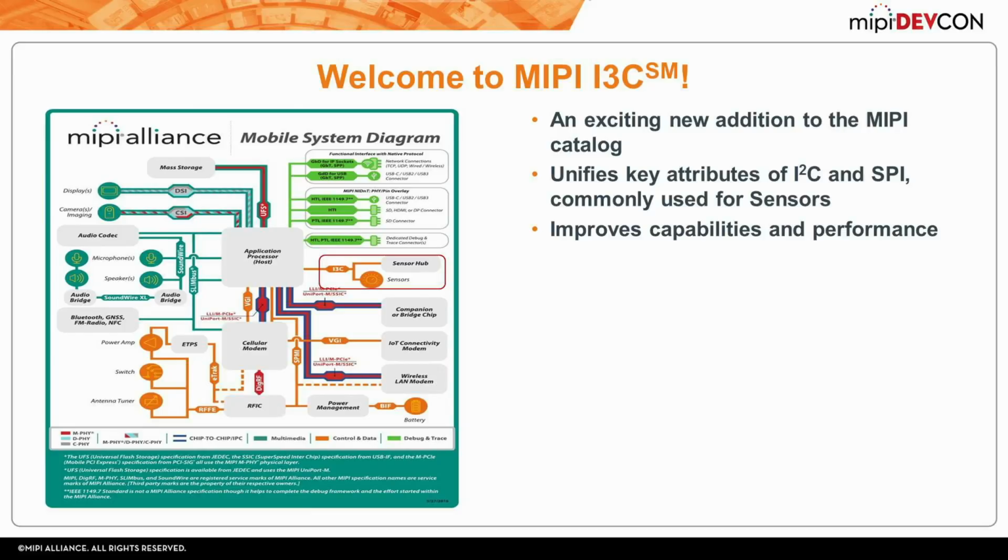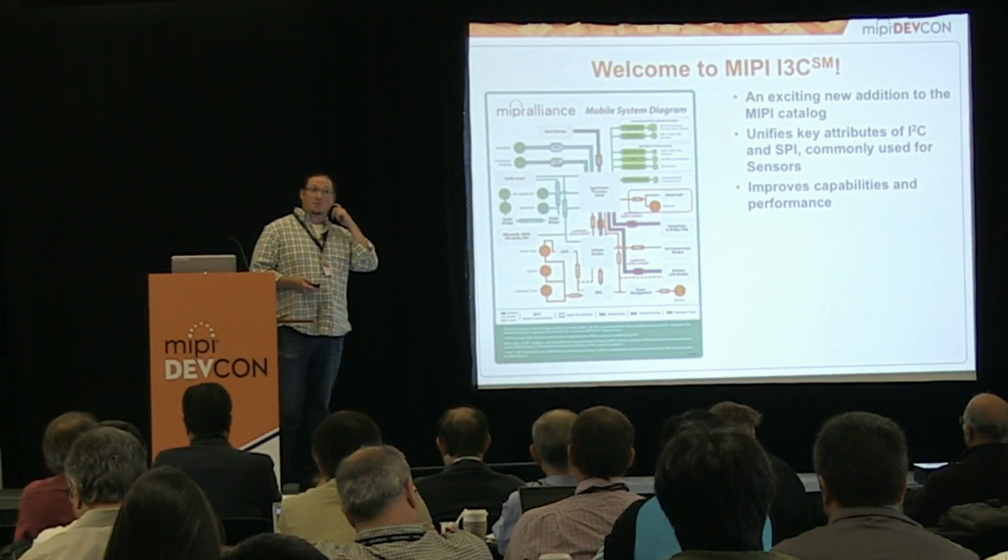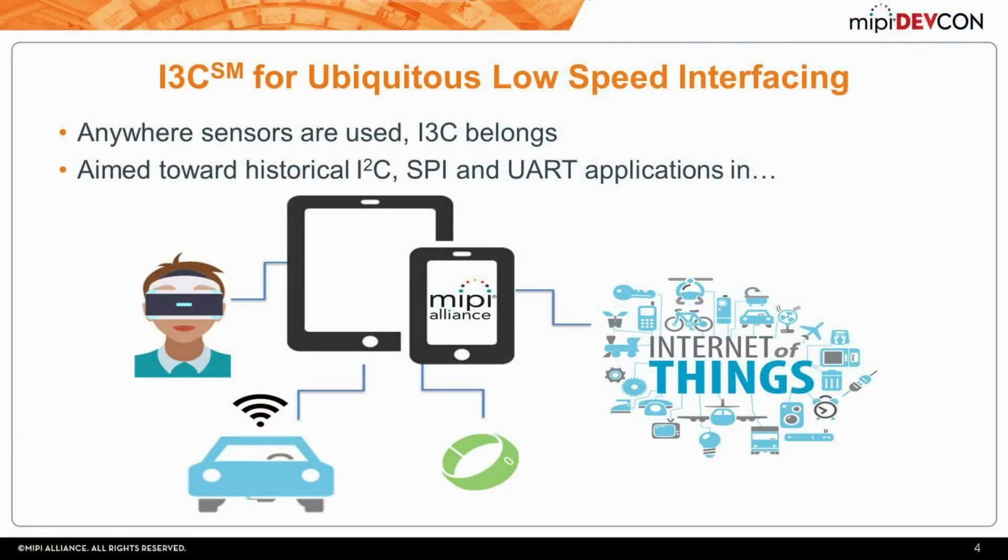The intent at a high level is to unify key attributes of I2C and SPI, likely familiar industry standard low-speed interfaces that are commonly used for sensors, while also providing improved capabilities and performance. If we did this right, we've developed a ubiquitous low-speed interface, as ubiquitous as I2C and SPI. Anywhere sensors are used, we feel that I3C belongs.